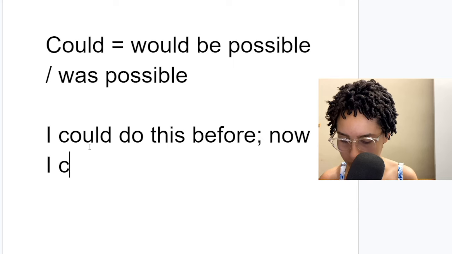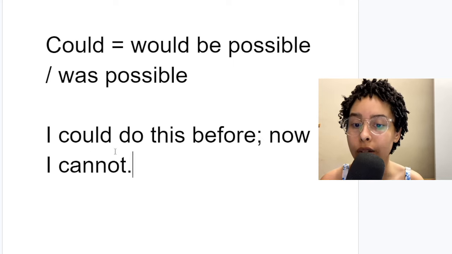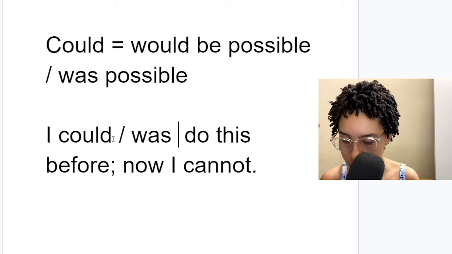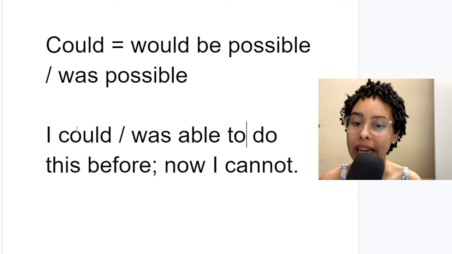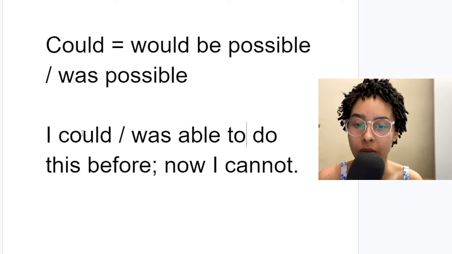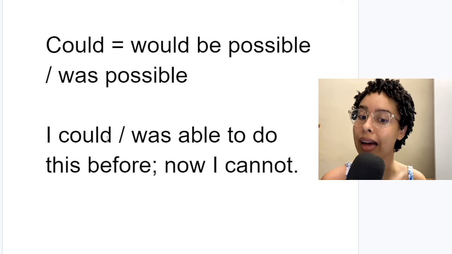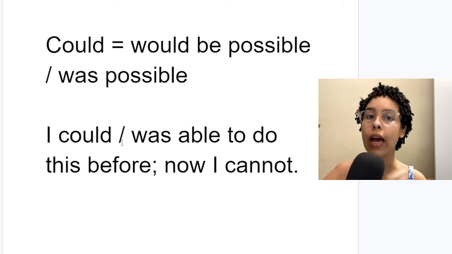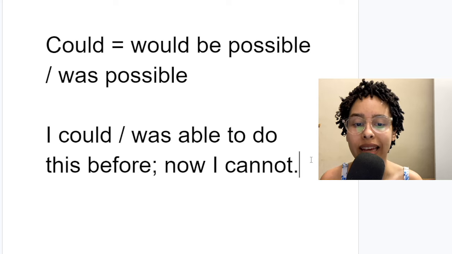Now I cannot. So I could do this before means I was able to do this before, or it was possible for me to do this before. I could, it's in the past. Now I cannot. So I was able to do that before, but now I'm not anymore.